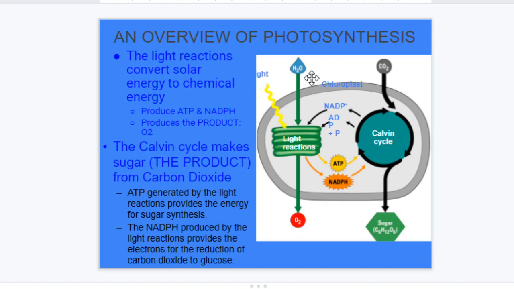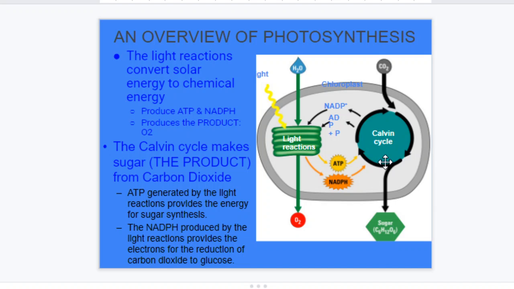Here we use water. Okay, so in here, and notice that in the light reaction, water comes in and oxygen comes out. I wonder who uses a lot of oxygen. And then ATP is generated by the light reactions, provides the energy for sugar synthesis. So the light reactions provide everything, the energy used to run the Calvin cycle, or the dark reactions.